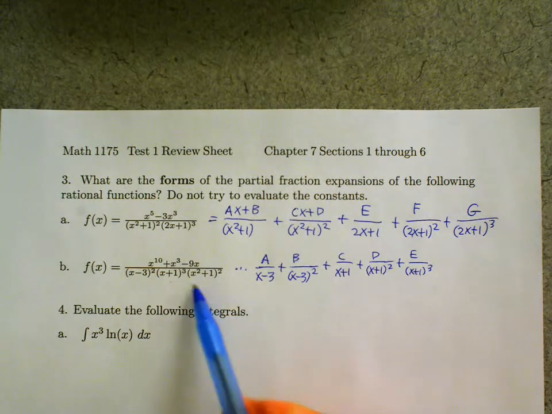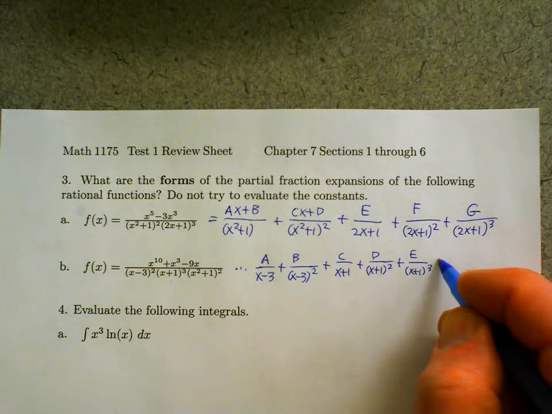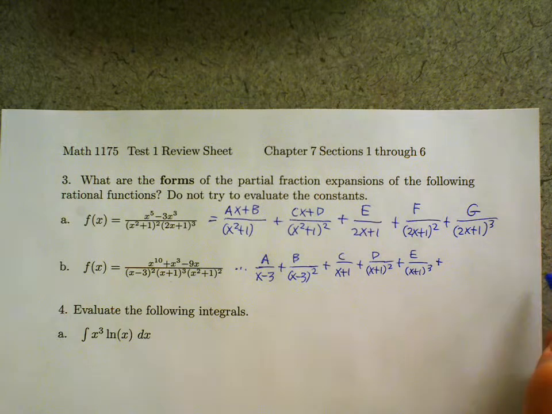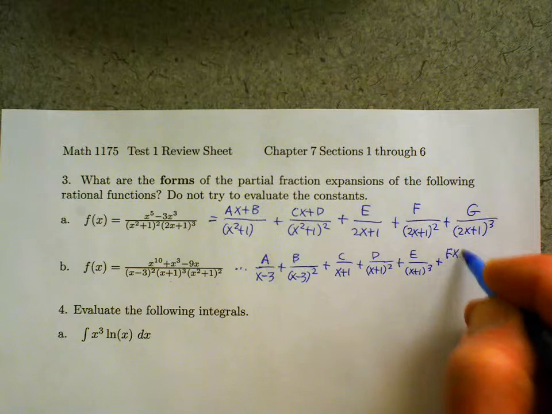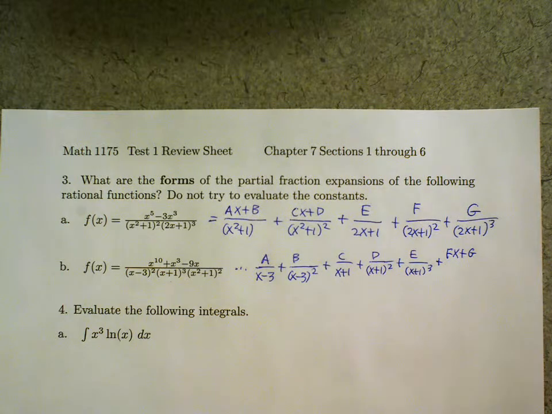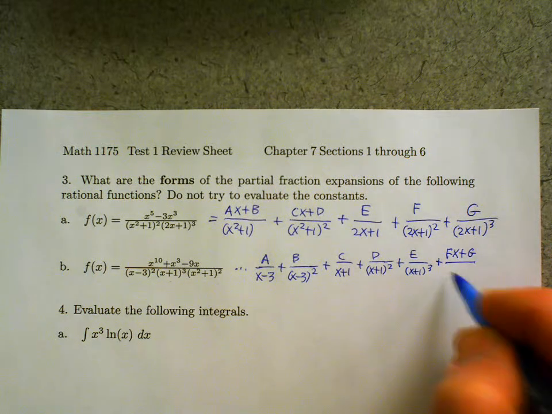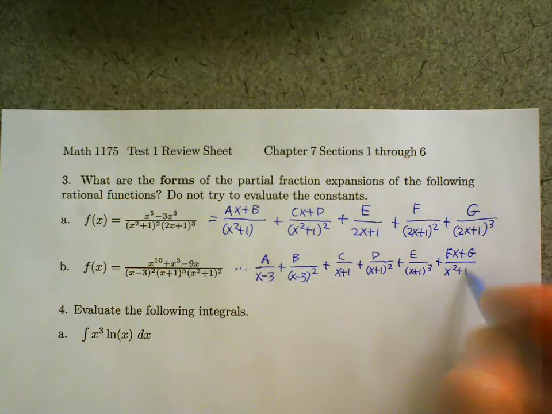And we have an irreducible quadratic factor squared. So we still need 2 more terms. One will be fx plus g over x squared plus 1.